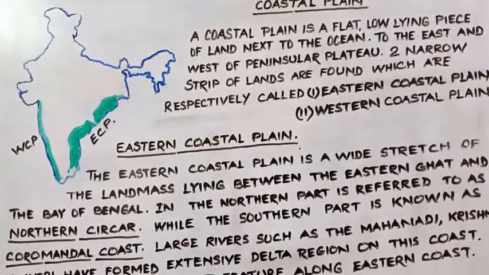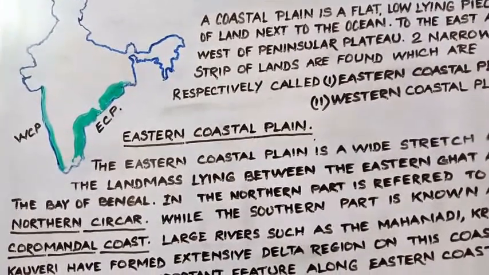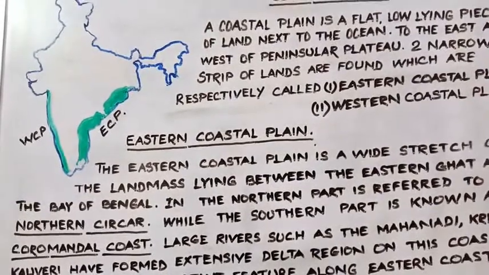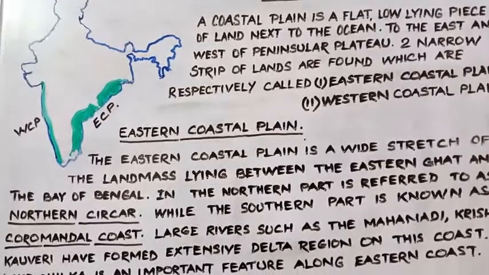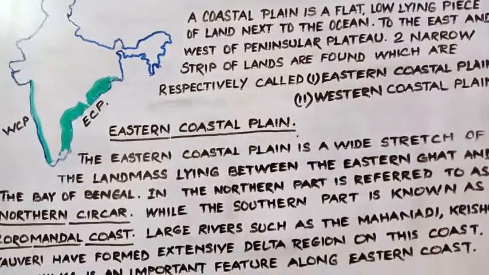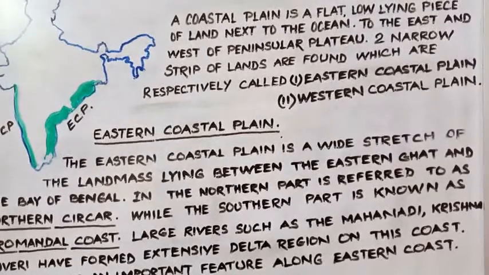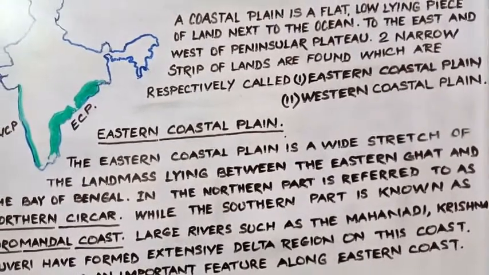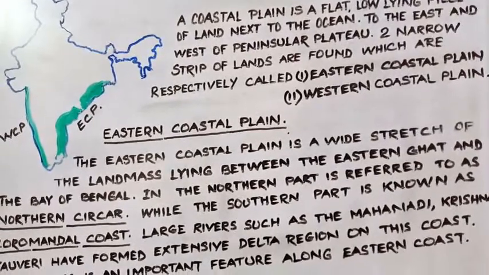I told you in the beginning that it is between the Western Ghat and Arabian Sea and Eastern Ghat and Bay of Bengal Sea. So, to the east and to the west of Peninsular Plateau, two narrow strips of lands are found which are respectively called Eastern Coastal Plain and Western Coastal Plain.